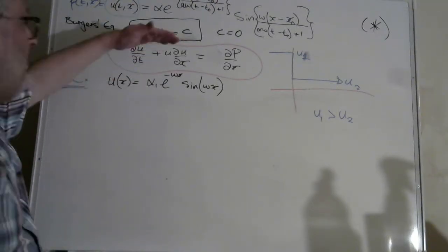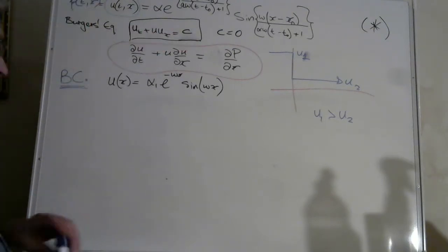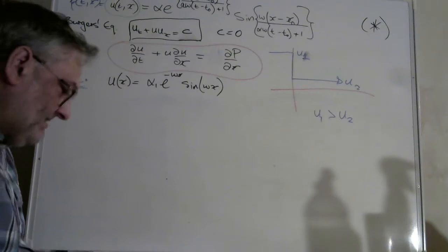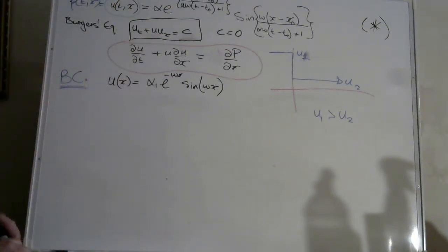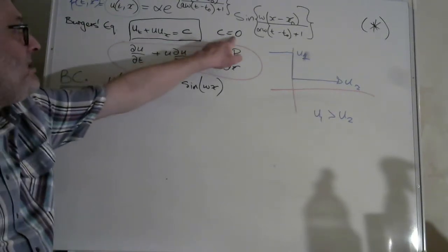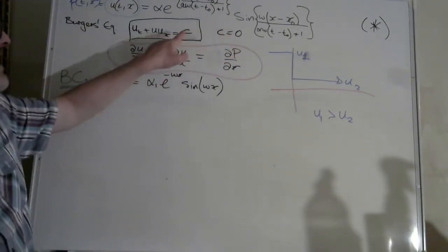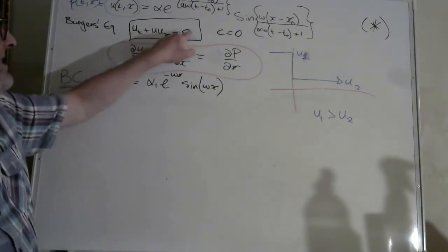But I'll take you from here to here now because it requires a little bit of understanding of the method of characteristics. Now, for the shock situation, C is equal to 0. Okay? So we've got u sub t plus u sub x is actually equal to 0.